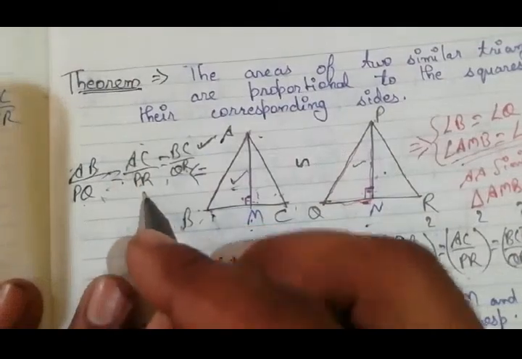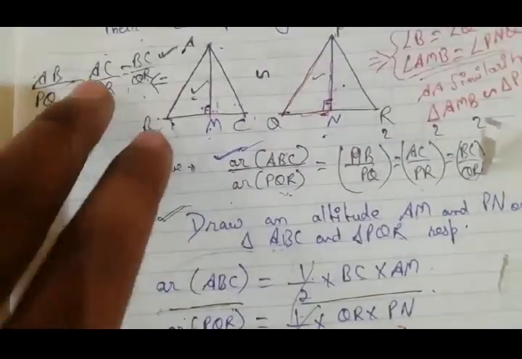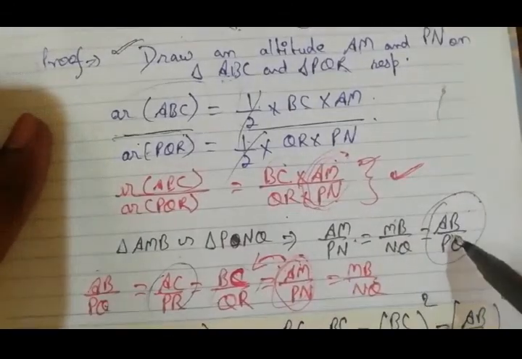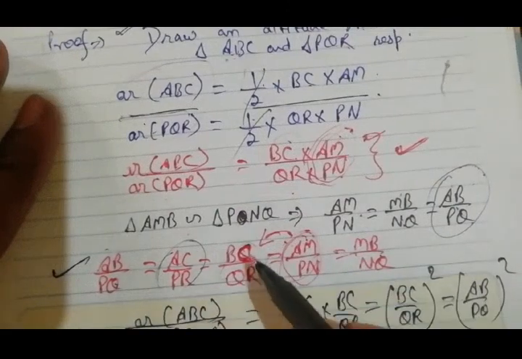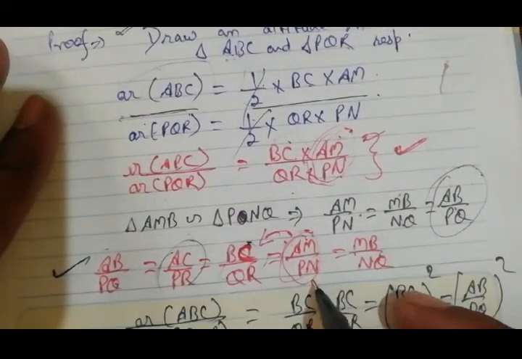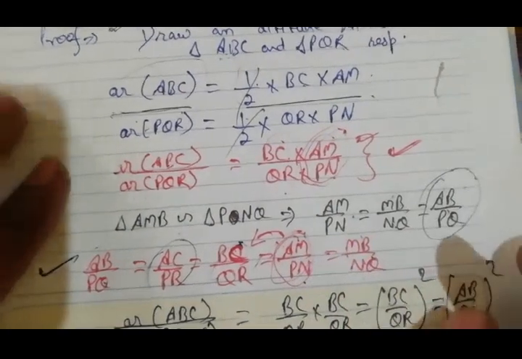But previously we have AB upon PQ is equal to AC upon PR is equal to BC upon QR. So by these two, we can say that AB upon PQ is equal to AC upon PR is equal to BC upon QR is equal to AM upon PN, and also it is equal to MB upon NQ.